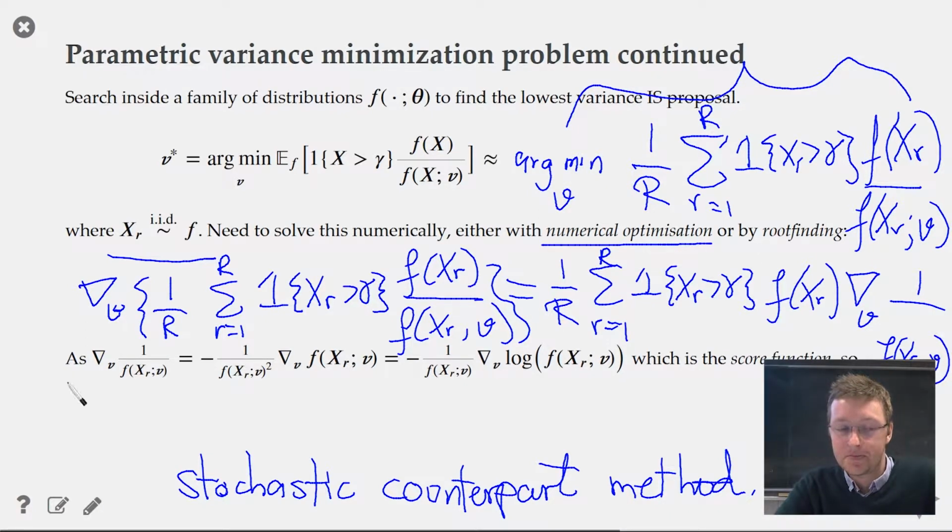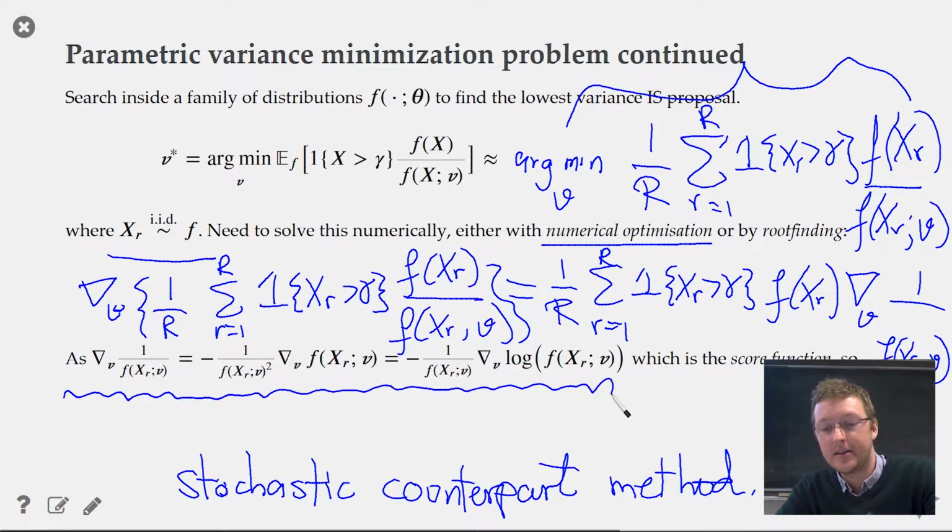And so, using a bit of algebra here, there's a couple of lines, you can, using basically the chain rule and comparing it to the derivative of the logarithm, simplify this last term, the derivative of 1 on the density, and it turns into something multiplied by the derivative of the logarithm of the log likelihood, effectively.